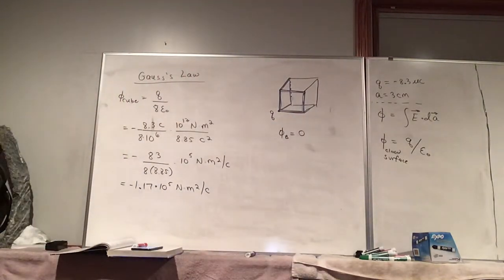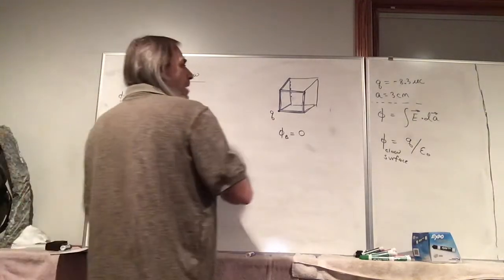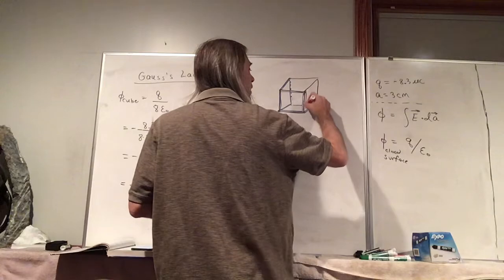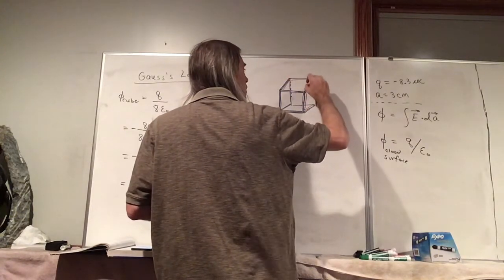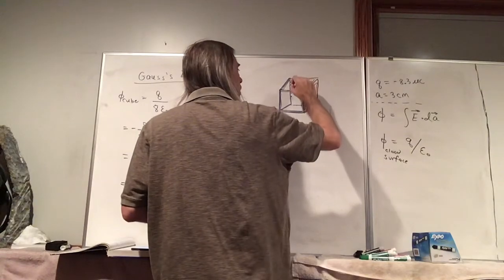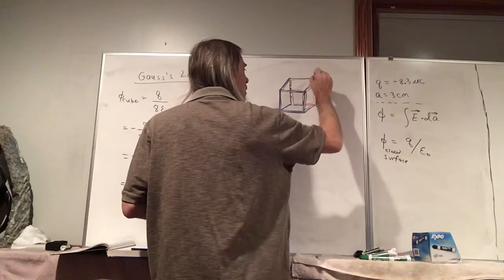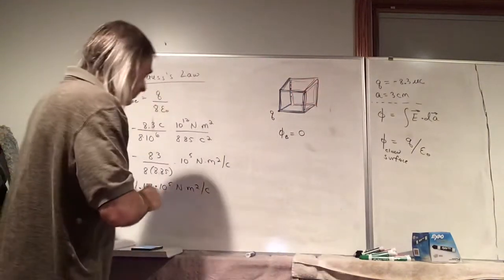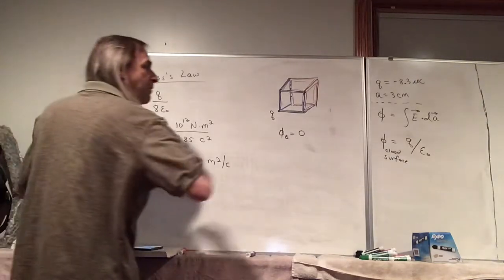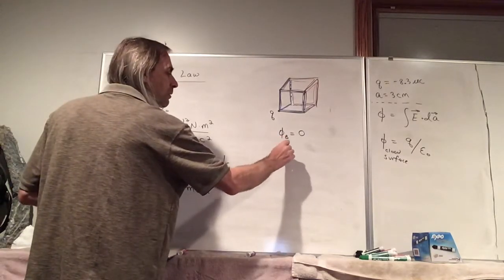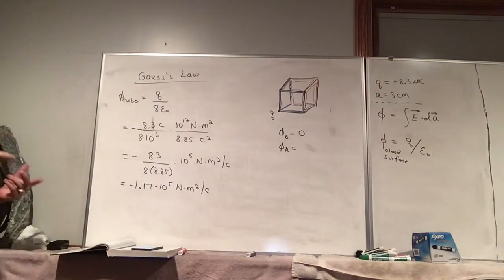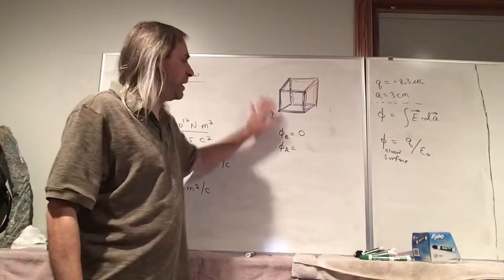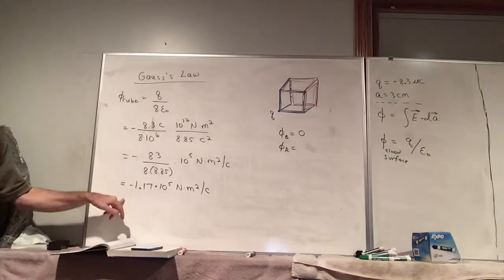Now the flux through the blue faces we know is 0. Let's look at the red ones. That would be the other 3. I mean, there's 3 of those. So the flux through the red faces, again, if you add up the flux through all 6 faces, you have to get this.